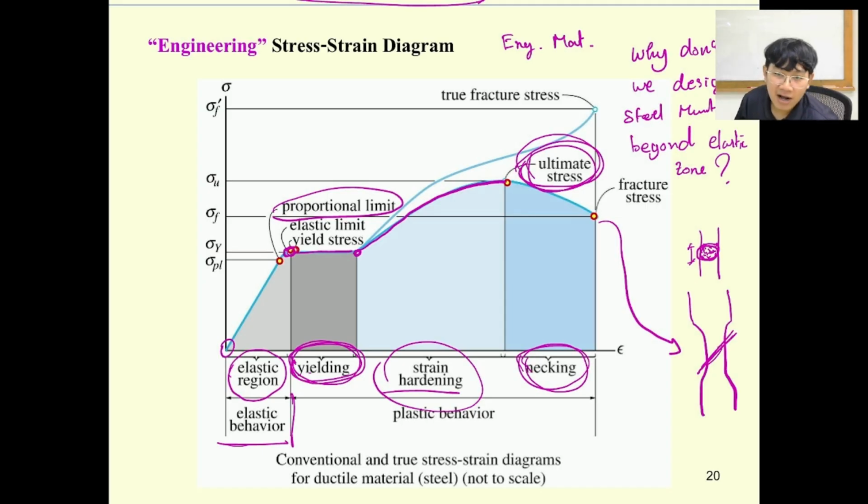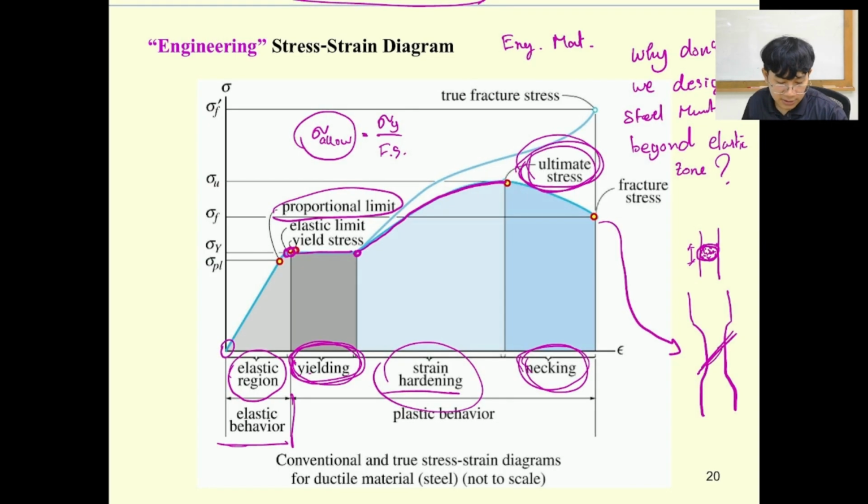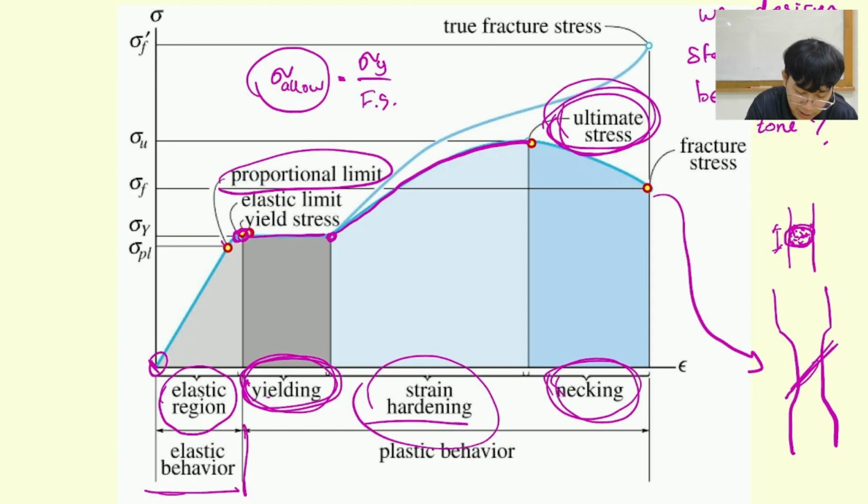So for our role, we would like to make the structures deform as little as possible, or sometimes not deform at all. That's why, if you remember from Ajahn Siddhichai's class, he always talks about sigma y being sigma allow, which is sigma y divided by 2. When we design, we use sigma allow here, or maybe not 2, this is going to be the factor of safety, which means our steel is in the elastic zone until the yielding point.